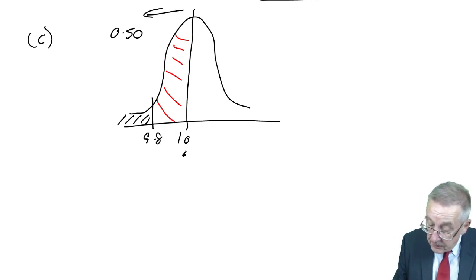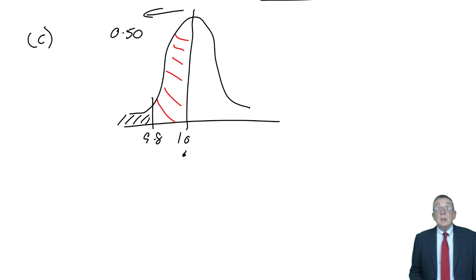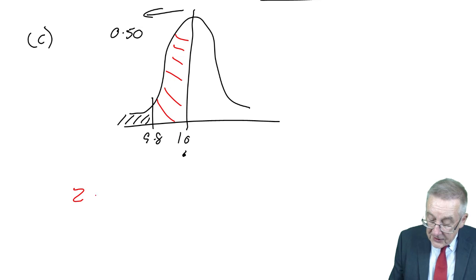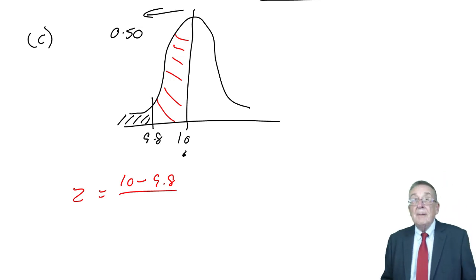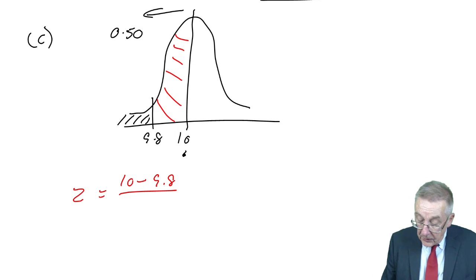And that distance is 0.2 centimetres. The distance we always look up in numbers of standard deviations, the z-score. So z, the difference between the mean and 9.8, divided by standard deviation, which is 0.2.